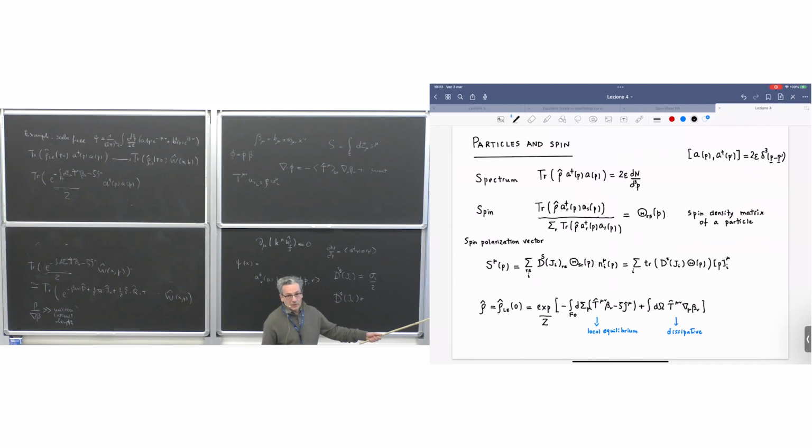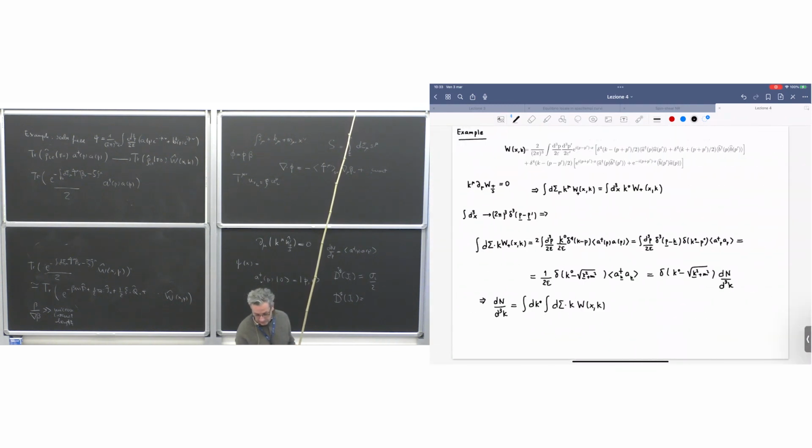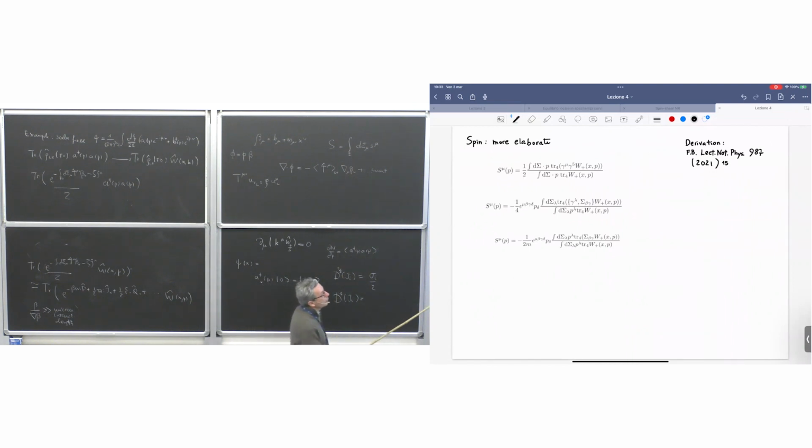We have these matrices involved, so it's not that easy, but it can be done. There is a full stepped derivation in this paper, and you get 3 different formulae. The first one is the most popular, which tells you that the spin polarization vector is related to the axial vector component of the Wigner function.